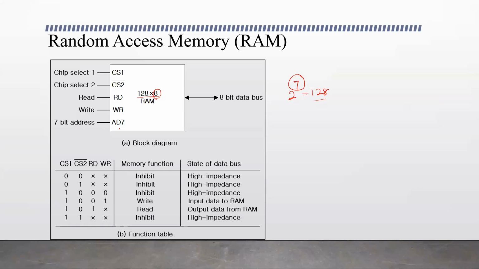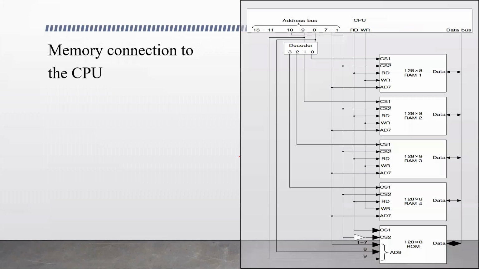So here the address line has 7 bits. That is why it is represented as AD7, 7 bits of address. And the control lines CS1 and CS2 are used to select this particular RAM chip. I will explain in detail what these select lines are in this slide.